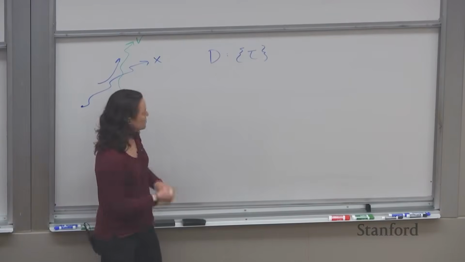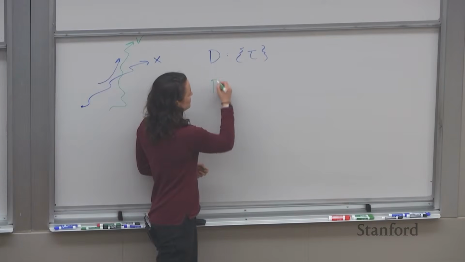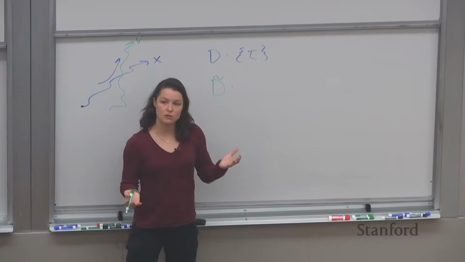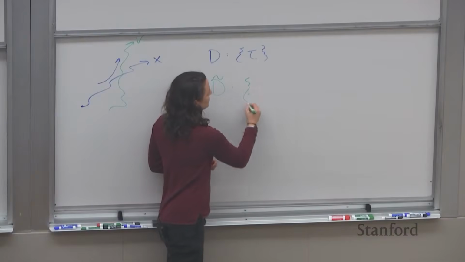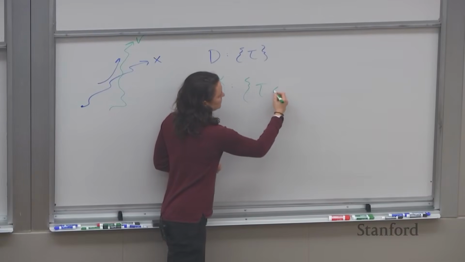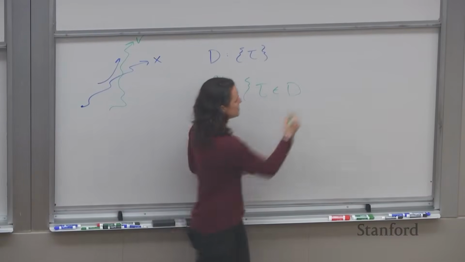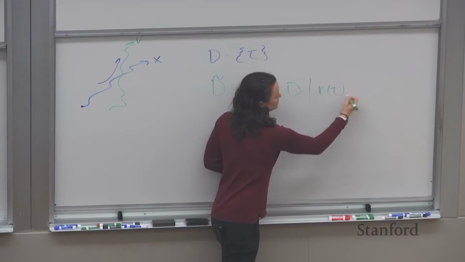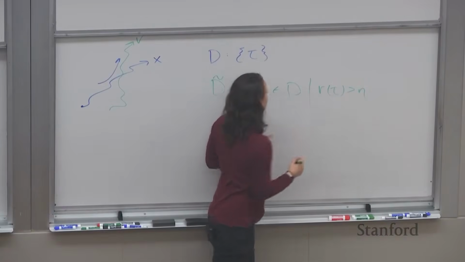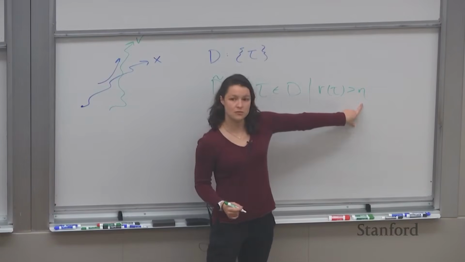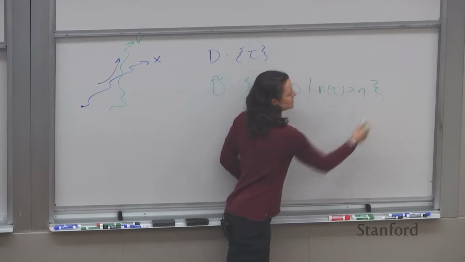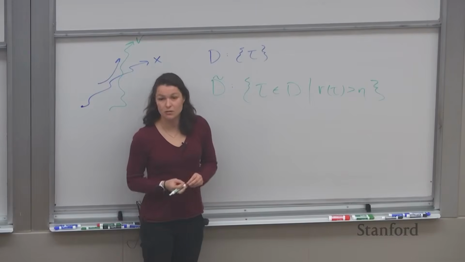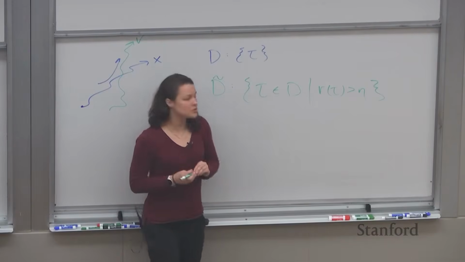Then you could define a new data set that has only trajectories with a high reward. This new data set would be all of the trajectories in your original data set, except conditioned on the reward of that trajectory being greater than some threshold. That threshold could be some percentile of the rewards in your data set, like the 70th percentile, for example, like only taking the top 30% of trajectories.